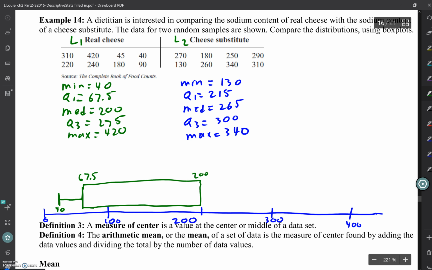And 275 for quartile 3. And lastly, our max goes out to 420.